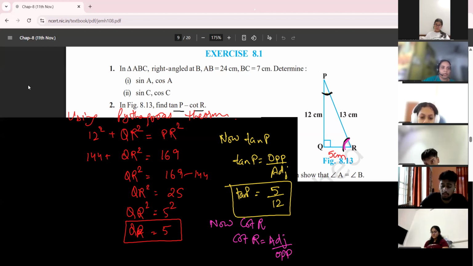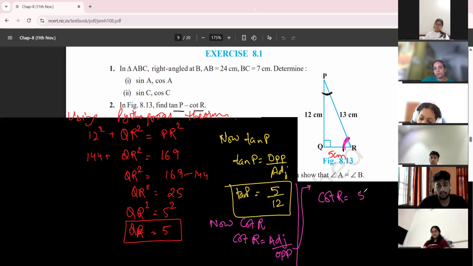Now solving it ahead. From this point of view, adjacent is 5 and opposite is 12. Right or not, bache? Cot R is 5 by 12 again. So now they have asked you to subtract both.